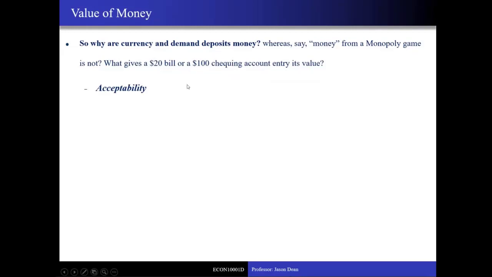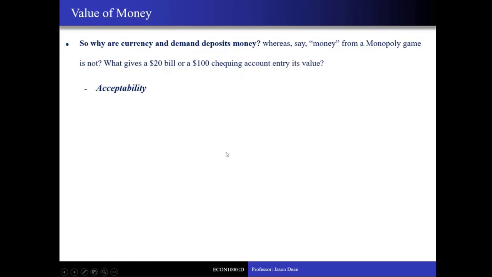So yes, socially defined sounds like a good answer, Michelle, something along those lines. We all collectively need to accept it. Whatever object we could think of, if we all accept it as payment for goods and services, then it's money. So it has to be generally acceptable. If it's not, then it's not money.